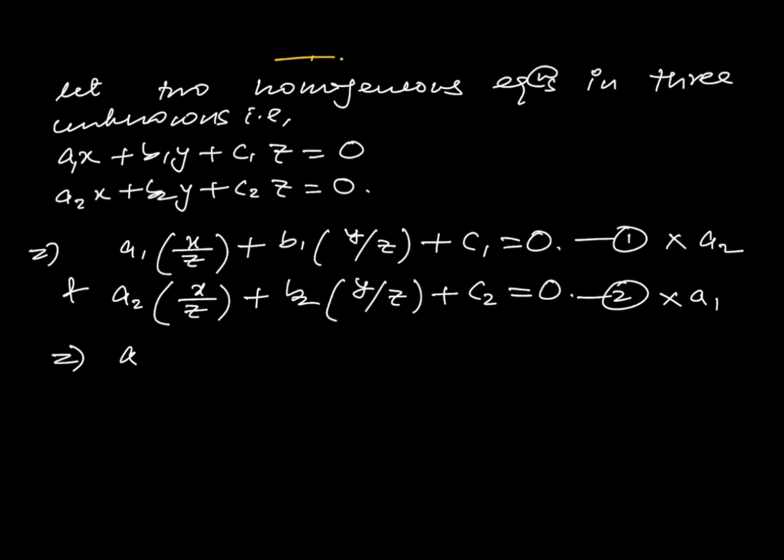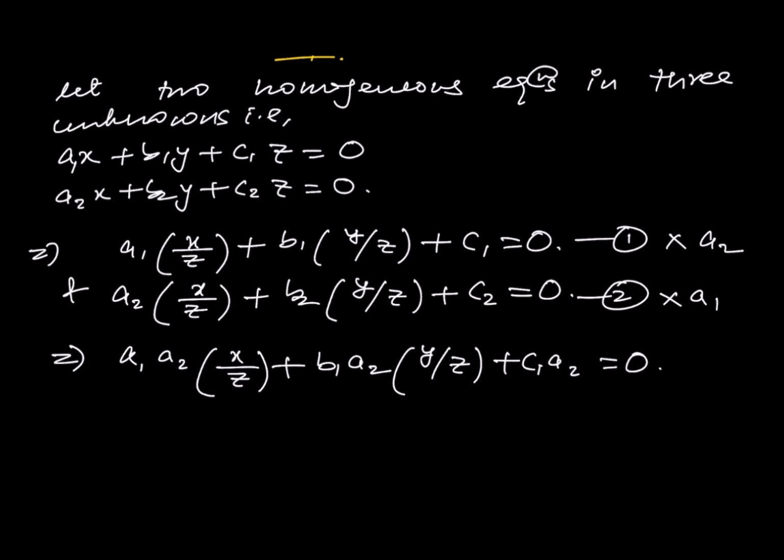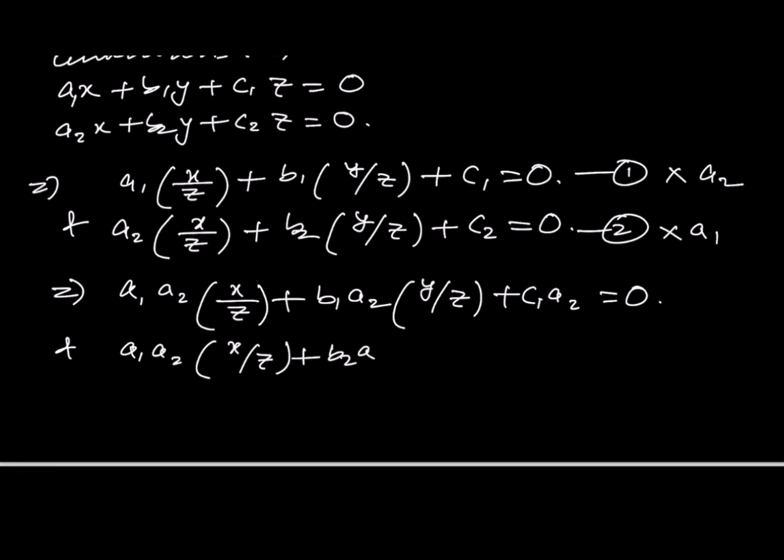So it will become a1 a2 x/z plus b1 a2 y/z plus c1 a2 is equal to 0, and a1 a2 x/z plus b2 a1 y/z plus c2 a1 is equal to 0, right?